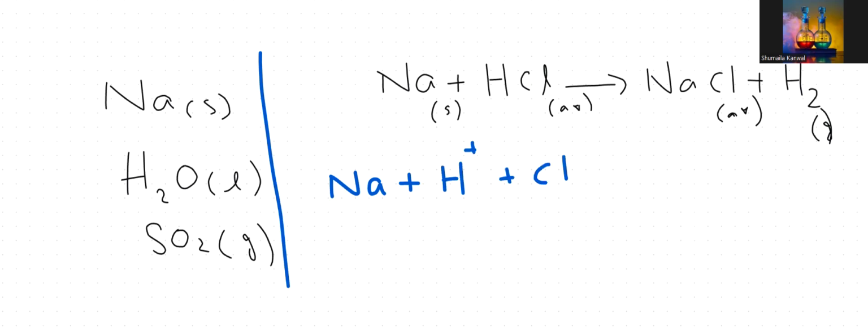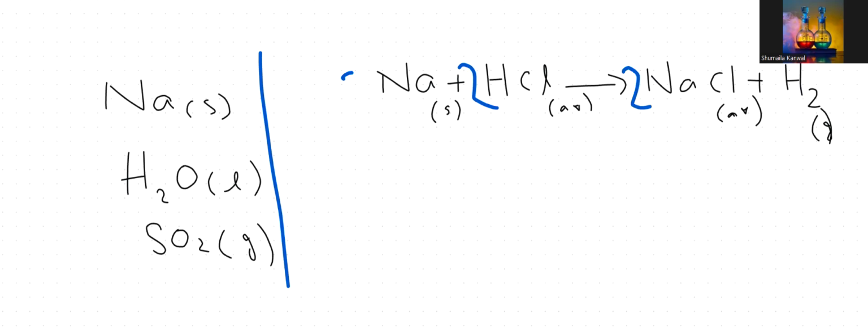But there is a mistake in the main equation. What is that mistake? You haven't balanced it and you are writing the ions. So you need to balance the equation. Now it's balanced. Everything is balanced.